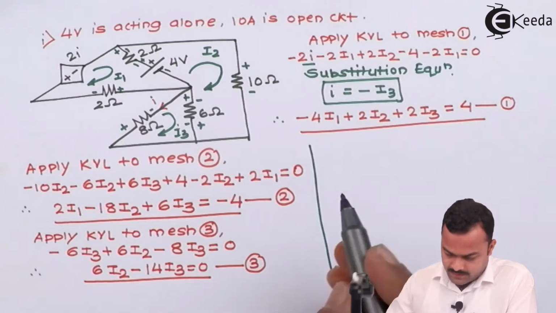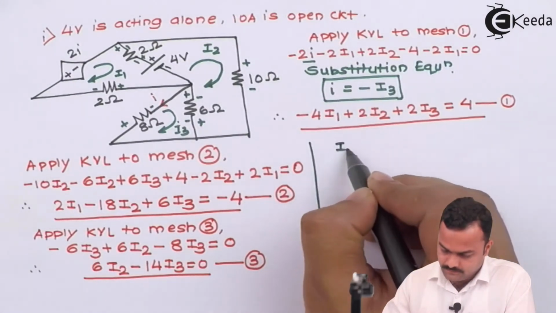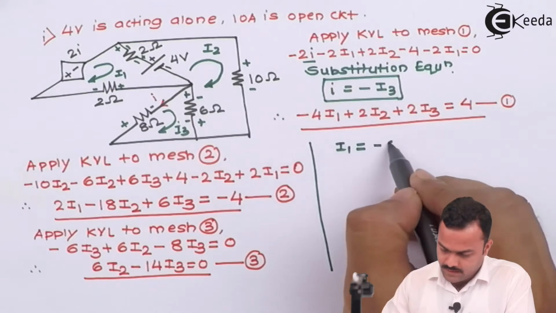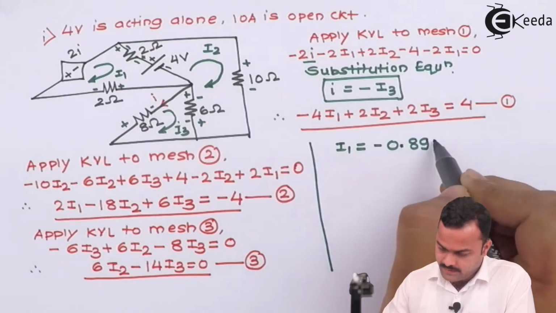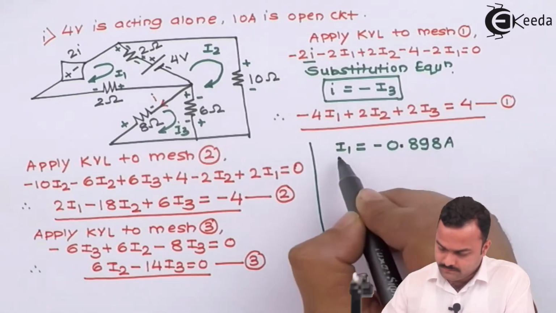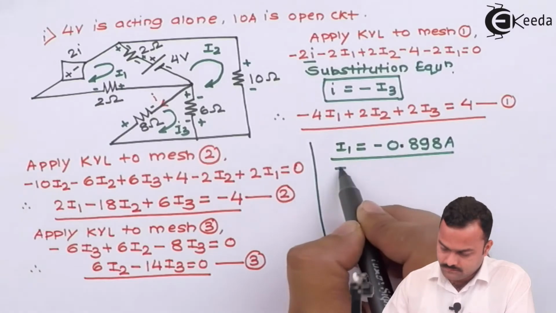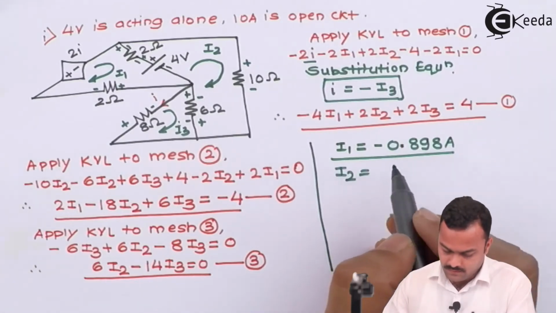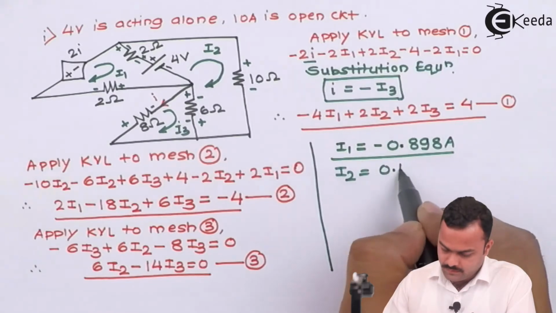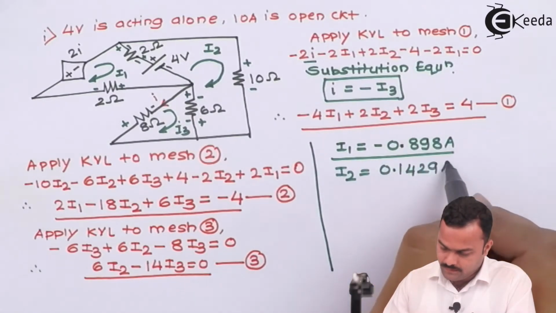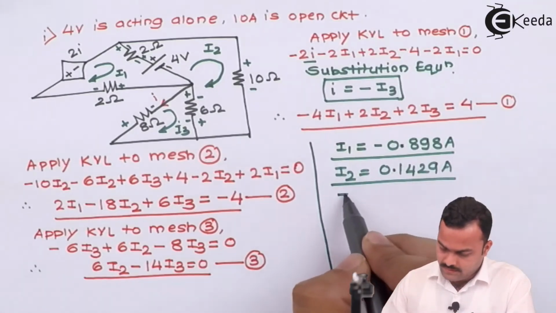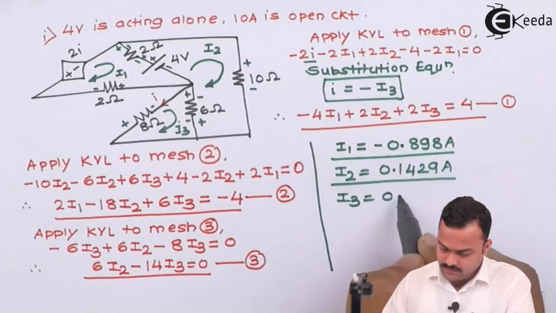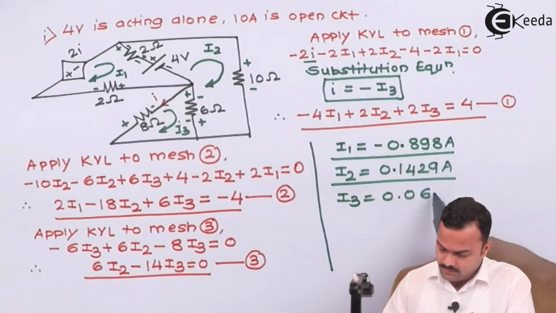Upon solving, we get I1 as minus 0.898 ampere, I2 as 0.1429 ampere, and I3 as 0.0612 ampere.